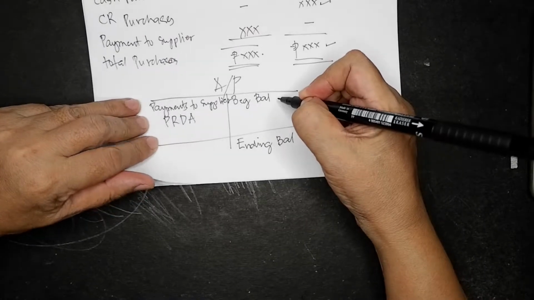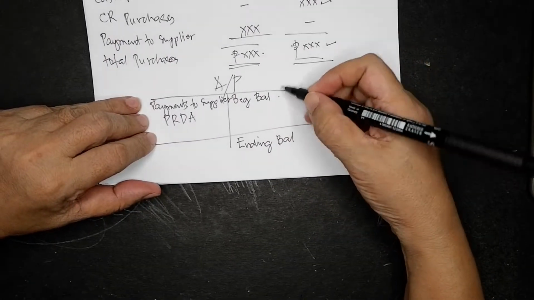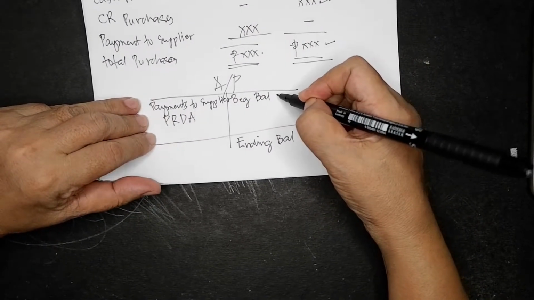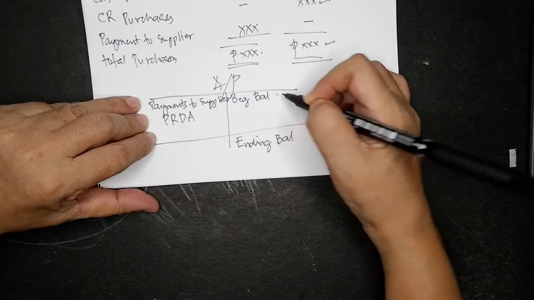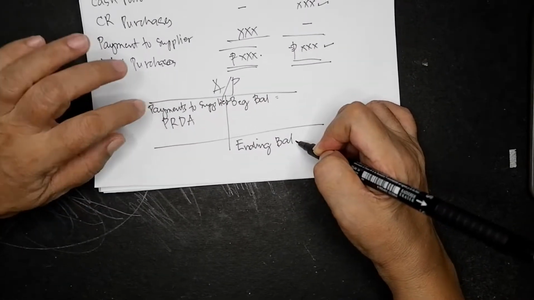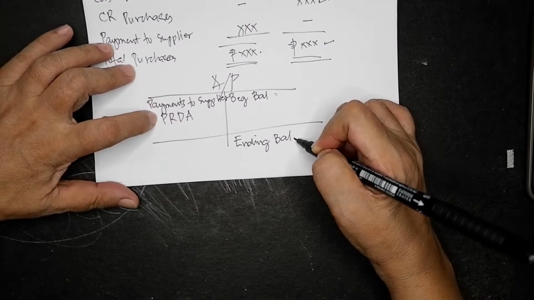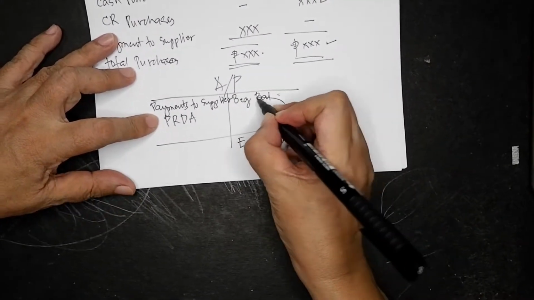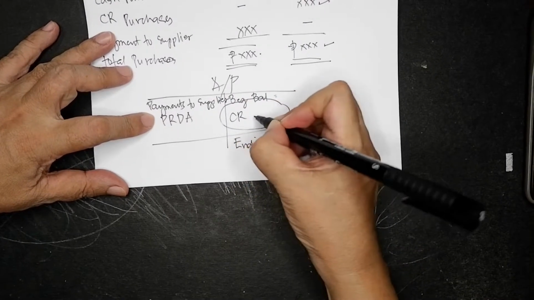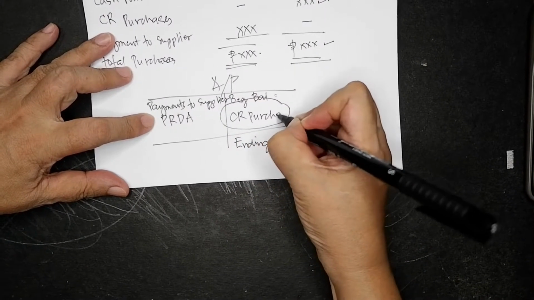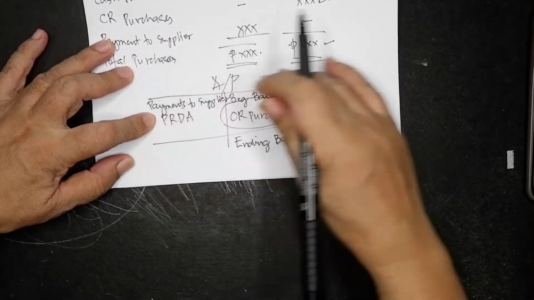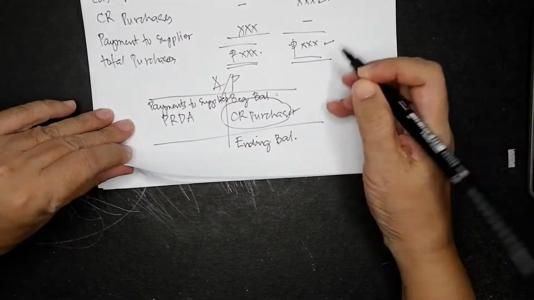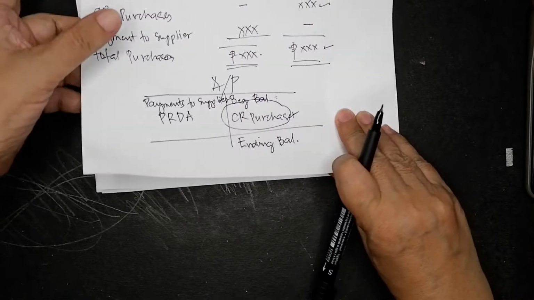Again, as I have said, yung beginning balance, dapat alam natin yan kung sino yung mga inutangan natin na hindi pa bayad at the beginning of the year. And also at the end of the year, kung sino yung mga binayaran natin at sino ang nagbigay ng purchase returns and allowances. And, nasa ng credit purchases? Nandito. So, with all this data, we can compute how much is our credit purchases.